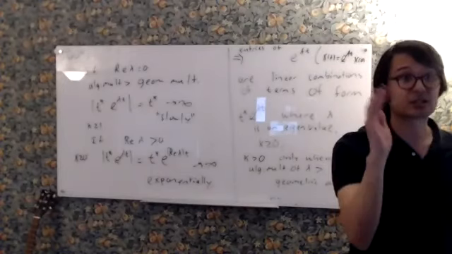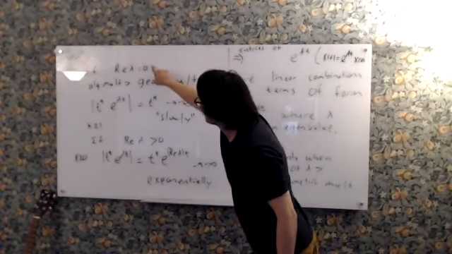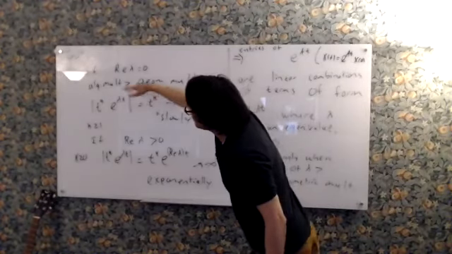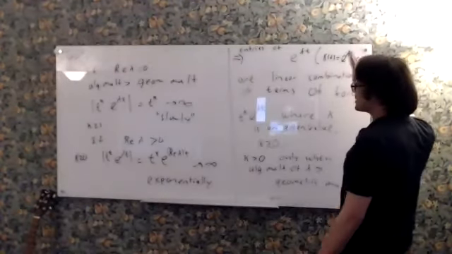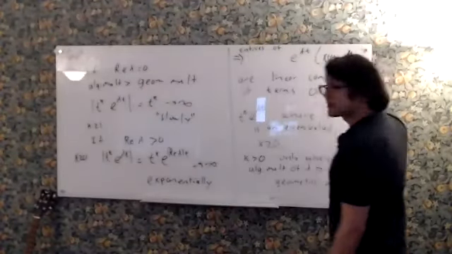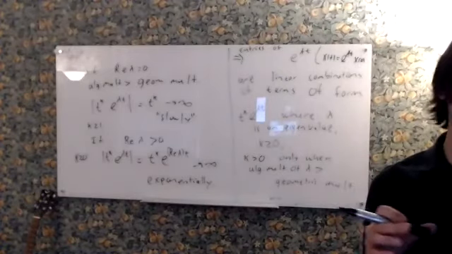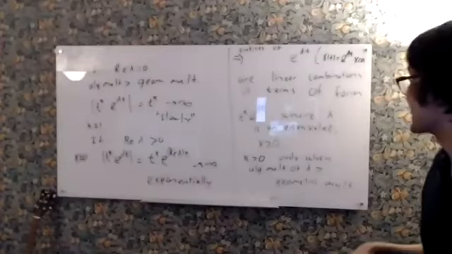There's always going to be some initial condition that diverges. Similarly over here, if you have a real part of 0 with this multiplicity condition, there's always going to be some initial condition that picks up one of these terms and blows up to infinity. So that characterizes stability of linear systems pretty much exactly.